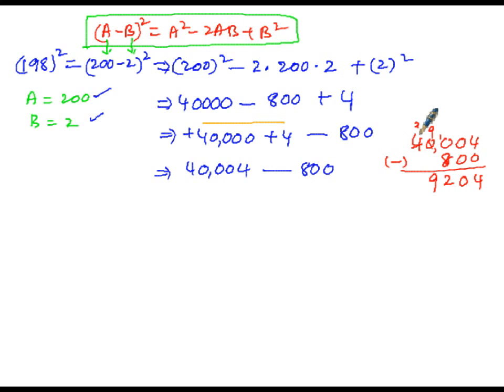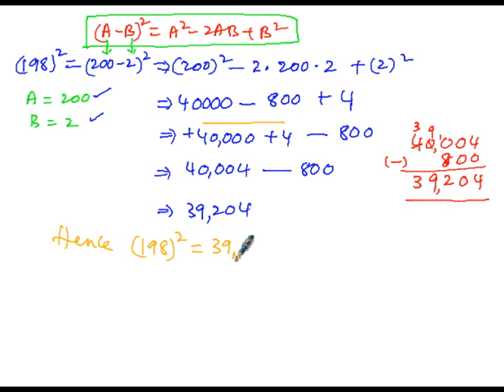Here 3 is left over, which gives 39,204. Hence the value of 198 whole square is 39,204. In this manner we got the value of 198 whole square as 39,204.